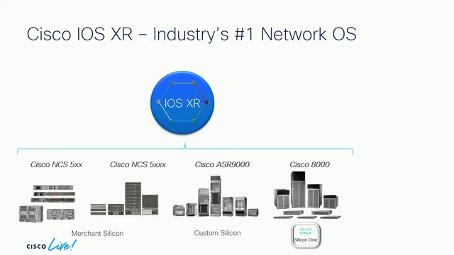When we talk about IOS XR, it's typically a big list of products. We have custom-based silicon on the ASR 9000. Plus, we have merchant silicon from the Broadcom-based product family: Cisco NCS 5500, 5700, and also NCS 500.